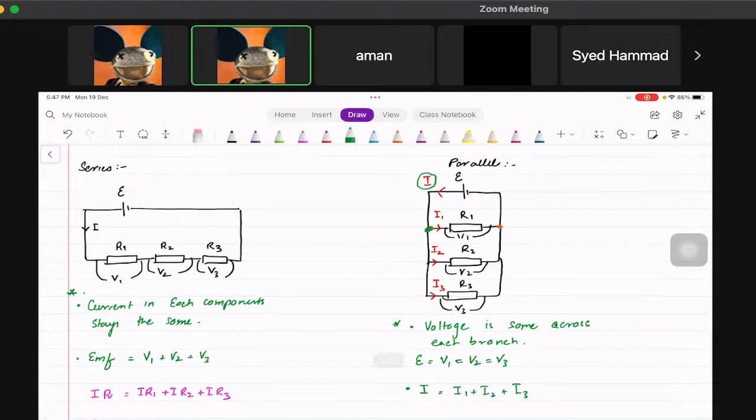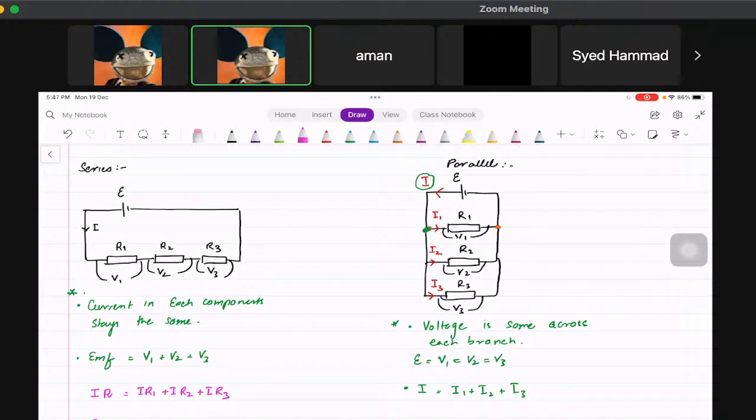Now, the total current will come from voltage over total resistance. So I will be equal to voltage over R1 plus voltage over R2 plus voltage over R3.